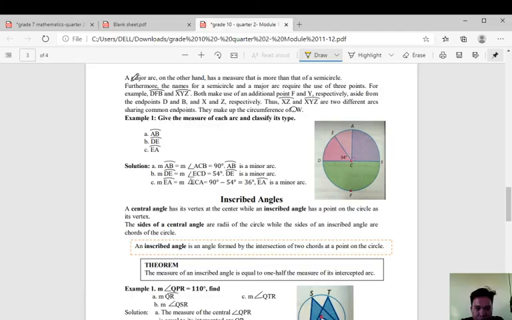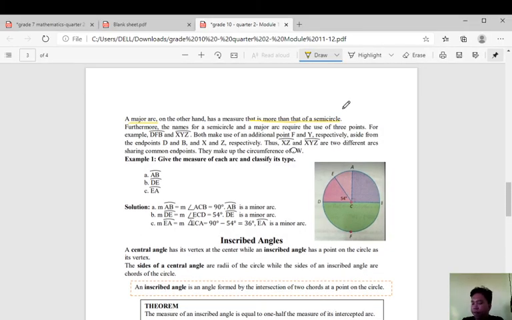Just take note. A major arc has a measure that is more than that of a semicircle. If it is more than a semicircle, then that would be a major arc. If semicircle, it is half the circle. If minor arc, it is less than a semicircle. And also, a semicircle is only composed of 2 letters, a minor arc is only composed of 2 letters, and a major arc is composed of 3 letters.